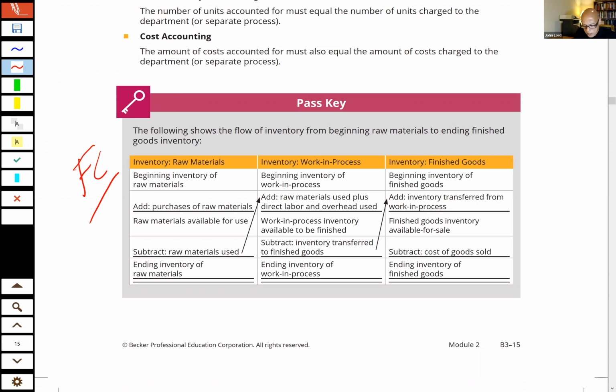These formulas, these account analyses that they're showing you, could be used, as we've already seen, in job order costing as well, okay? But notice what they do: beginning, add, subtract, ending, right? For the work in process, beginning, add what? Add my manufacturing cost.